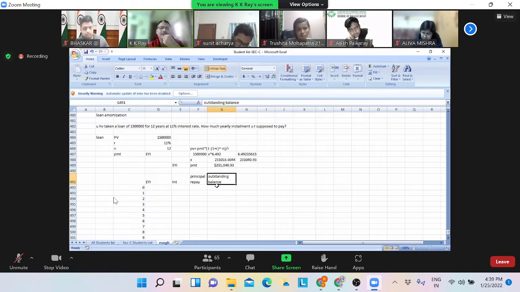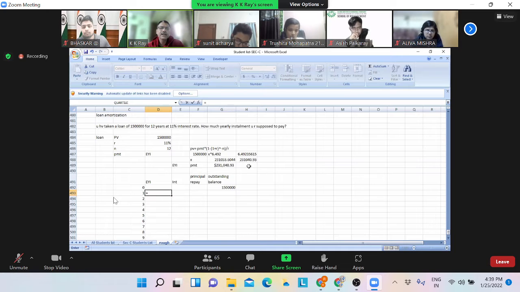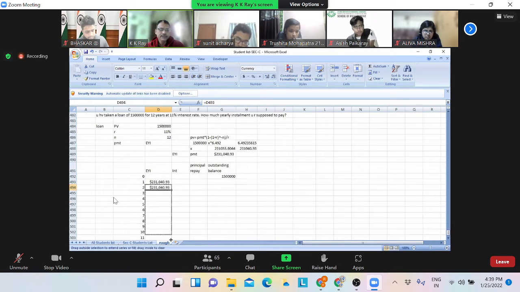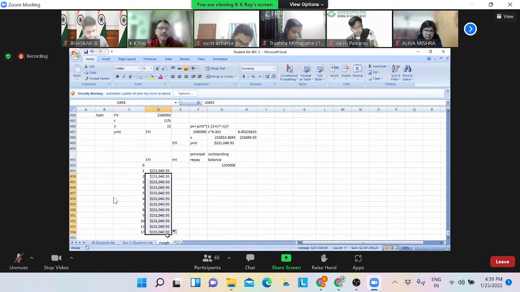My outstanding balance here is 15 lakhs, because initially that is what I have taken. From this year onwards my EMI is going to be this amount, and it will be the same for all years. That is not going to change.